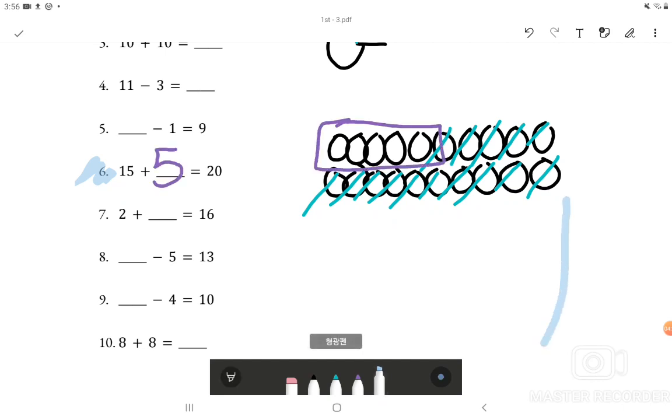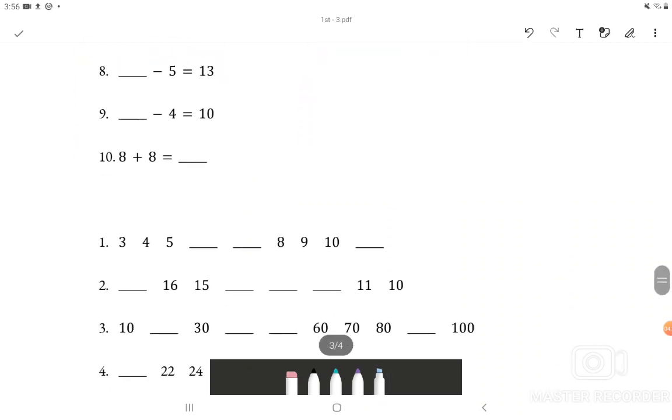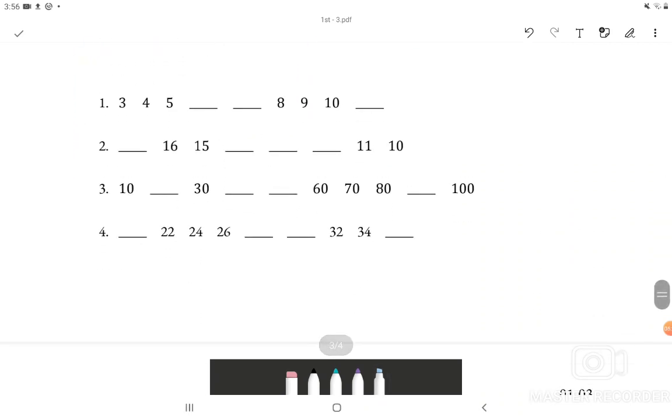Let's try number 1 from this section. It says 3, 4, 5, and 2 underlines, and then 8, 9, 10, and then 1 underline again. What we have to do is just see how many steps there are between each of the numbers.